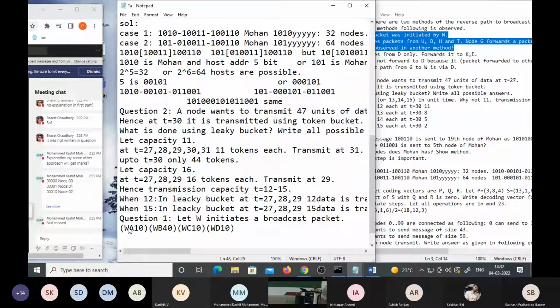Now, B, C, D are connected with J. B is connected with Z with 5-unit path. C is connected with Z with 5-unit path. And D is connected with Z with 5-unit path.